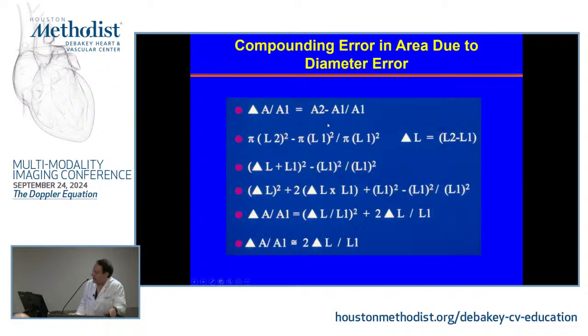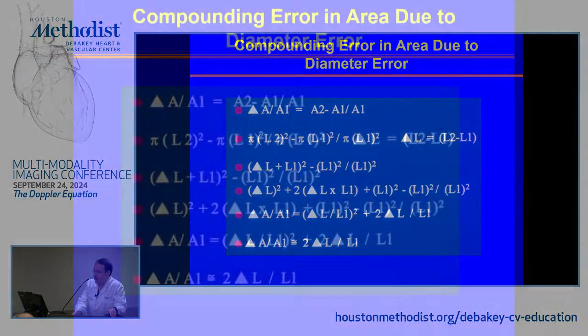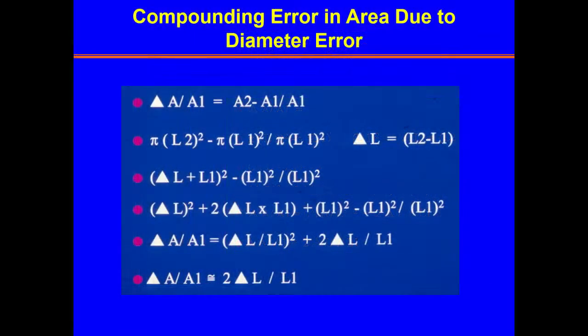A frequent question that comes to mind is, how does an error in the diameter translate to an error in the area? Many people at first think about it and say the diameter or the radius is squared, and so the error is squared. It is not.